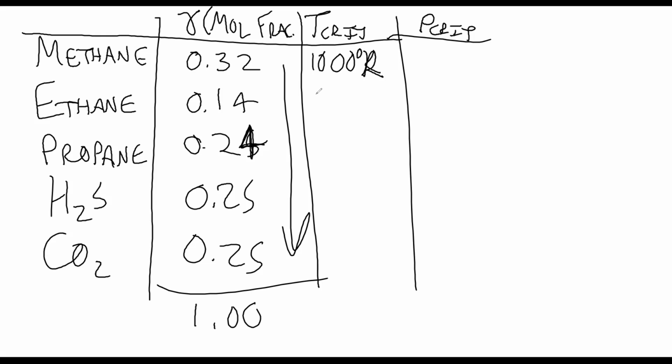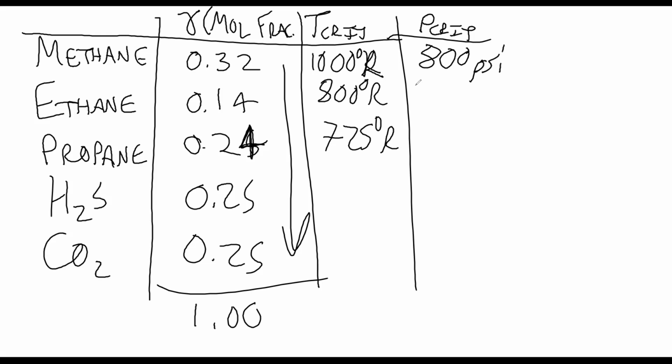Ethane, say it's like 800 degrees Rankine. Propane, it's like 725. I'm not sure. I'm just making this up. And say it's like 800 PSI, 725 PSI, 600 PSI for the critical pressures.